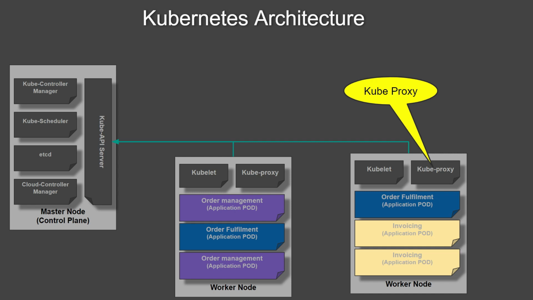So it's the responsibility of kubeproxy to add the network rules into the specific node. If you are using iptables, adding the routing rules in the iptables is the responsibility of kubeproxy for each of the pods and the services for that Kubernetes cluster. This is the overall architecture of Kubernetes.